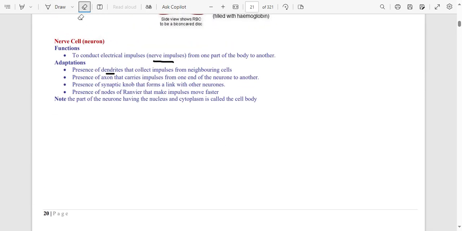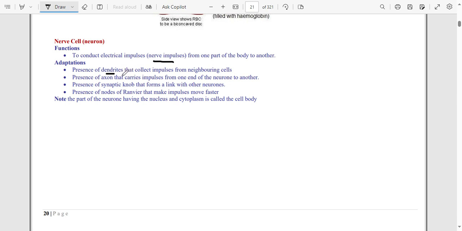So one adaptation of a nerve is they have got dendrites. And these dendrites will be able to collect information or impulses from one cell to the other cell. So dendrites collect information from neighboring cells. And then they also have axons. Axons are the ones which will be able to carry impulses from one end of the neuron to the other end.